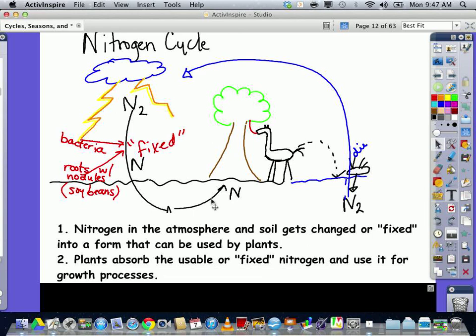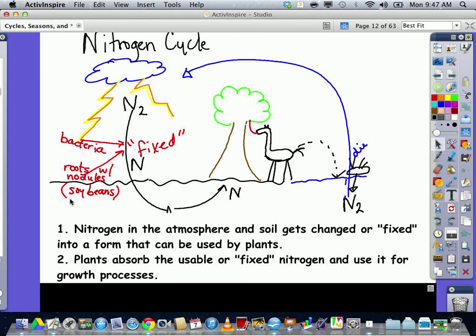You may not have thought about this before, but one reason that farmers add fertilizer to soil is to add some usable nitrogen into the soil. Before you could easily buy fertilizer products, farmers had to rotate their crops so that they could put some type of crop in the soil that would fix the nitrogen there, so that when they put another crop like corn that doesn't fix nitrogen in, there was some nitrogen in the soil that could be used.